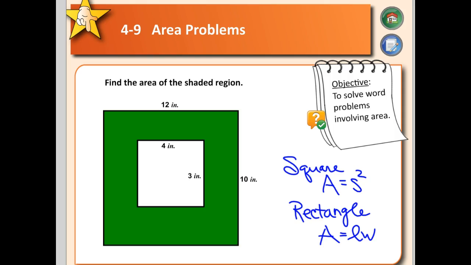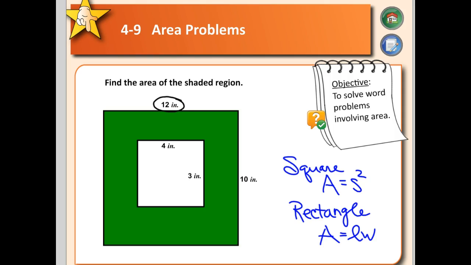So if you look at my picture up here on the slide, just to give an idea of what we're going to be doing. If I showed you this picture and I said find the area of the shaded region, if you notice I got a green rim on the outside and white on the inside, how would we find the area of that shaded region with the information given? Yeah, that's right. We can figure out the area of the larger rectangle.